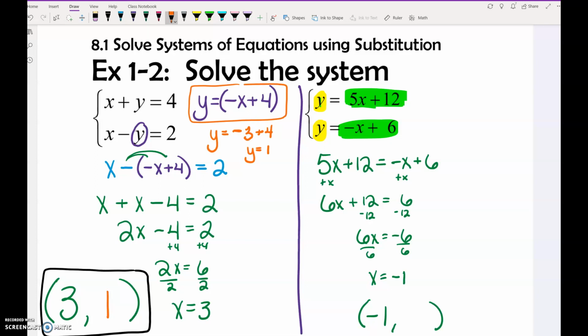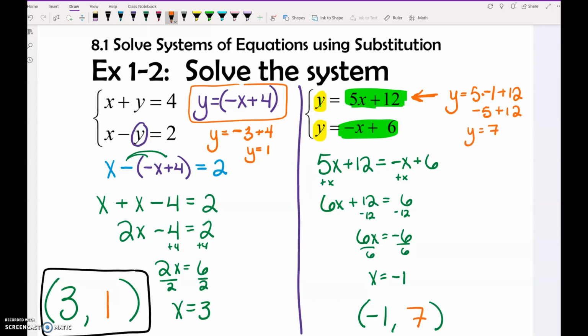When we go to plug that negative 1 in, you can choose either equation. I'm going to choose the top equation because the top equation doesn't have any negative signs in it. So y equals 5 times -1 plus 12. -5 plus 12 is 7.